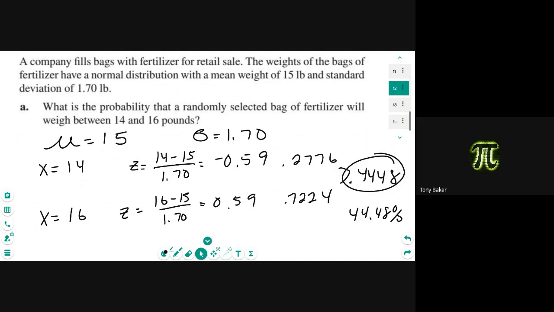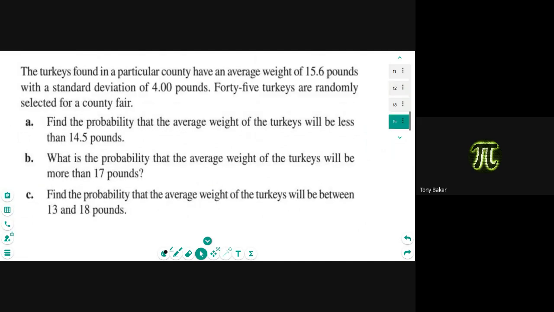That's your mistake. I can see it right here. I want you to do this one on your calculator right now because I want you to be able to get that answer.